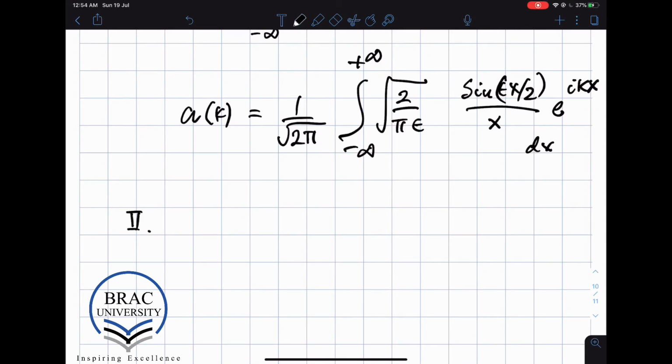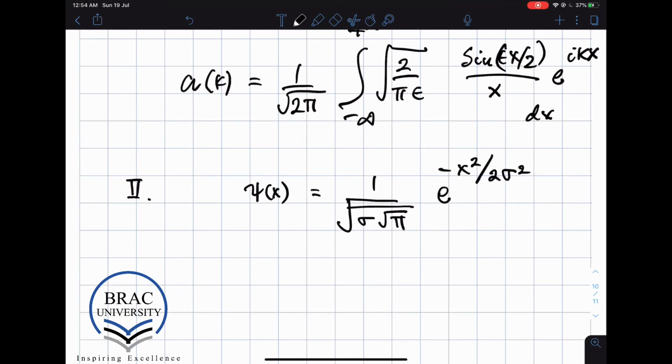about the Gaussian. Next we are going to take psi of x to be the Gaussian, and here we have some normalization, sigma square root of pi, e to the power minus x squared divided by 2 sigma squared. The Fourier transform of the Gaussian is also another Gaussian, and you can show that.